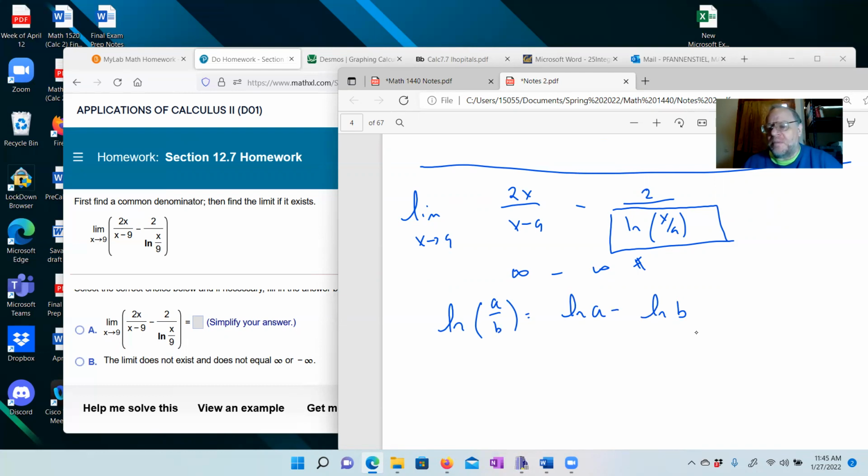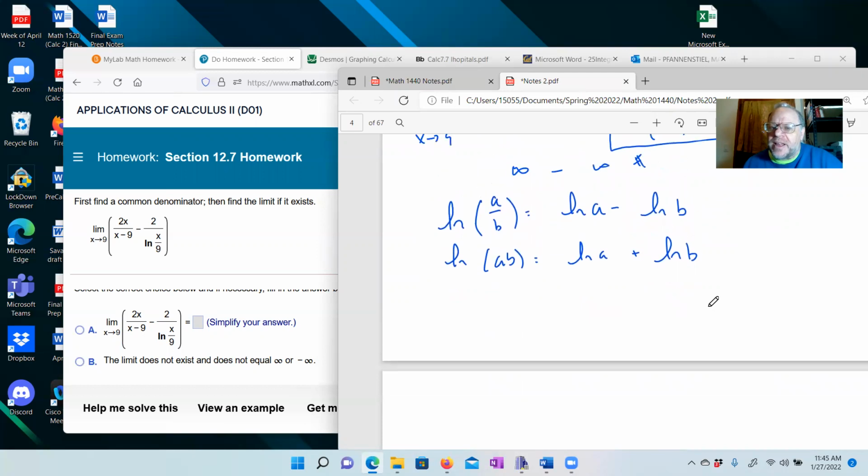Of course you do, because you remember your rules of logarithms for all time after you were taught them, right? Of course you did. Just to refresh us, the natural log of AB is equal to the natural log of A plus the natural log of B. You really should hang on to your rules of logarithms. They really will make your life a little bit easier when you have to deal with them.